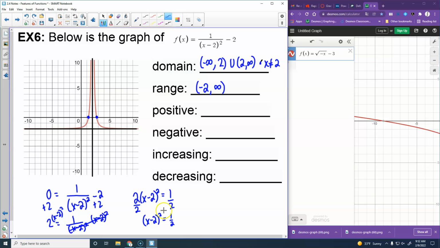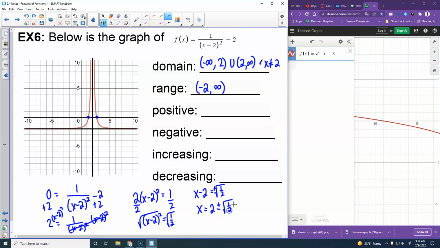How do you get rid of the square? Square root, which actually gives the square root of 1/2. So you got x minus 2 equals the square root of 1/2. And then you would move your 2 over. And when we take the square root of both sides, what have we got to do? Plus or minus, there's your other answer you were looking for.